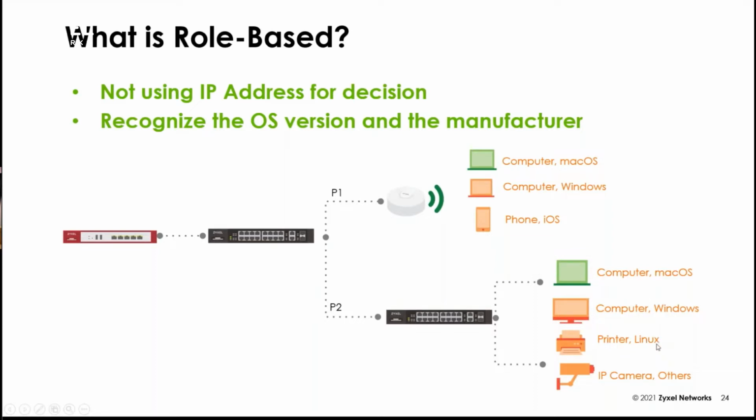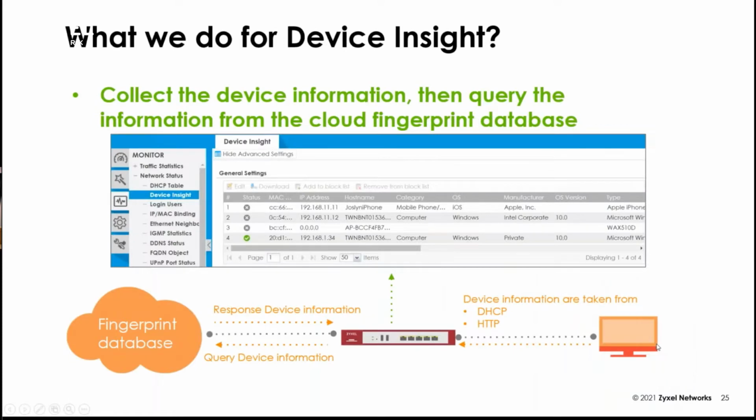So all of these things will be listed. And to find these devices, it uses the protocols DHCP and HTTP, and also partially the LLDP protocol. It's collecting the information and bringing it into the web interface. And the web interface has a database to recognize the device correctly.